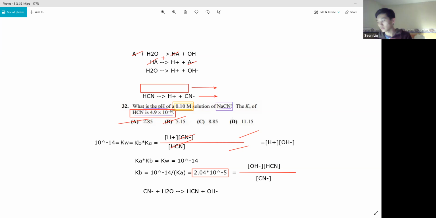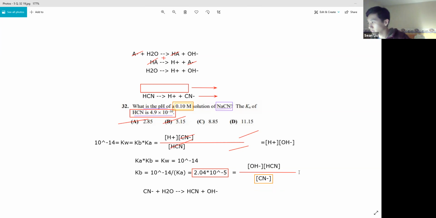But if you think back to the RICE table we did a while back, with the reaction, initial, change, end, the initial here is 0.10 molar. So this right here, that's 0.10 molar.